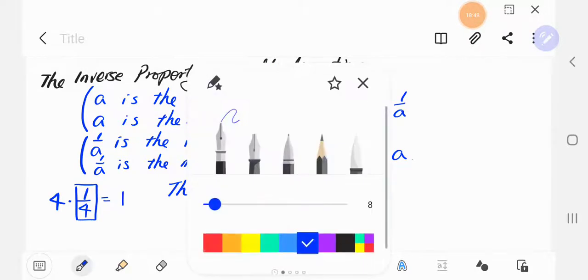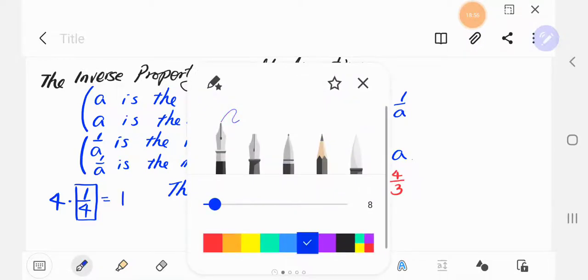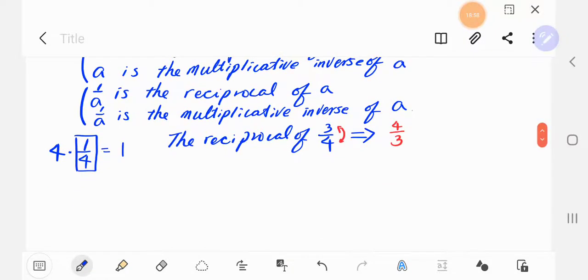What we do is switch this numerator and denominator. So it will be 4/3, right? 4/3. Let's try more. How about the reciprocal of -2/3? Then also we will switch these two, and the negative sign stays the same, and it is -3/2.